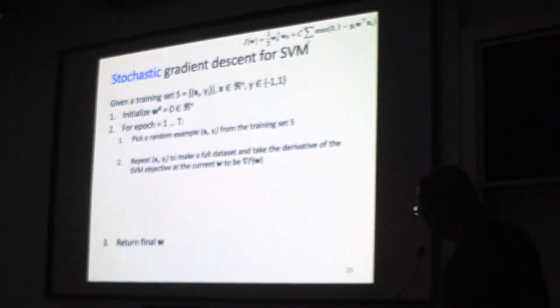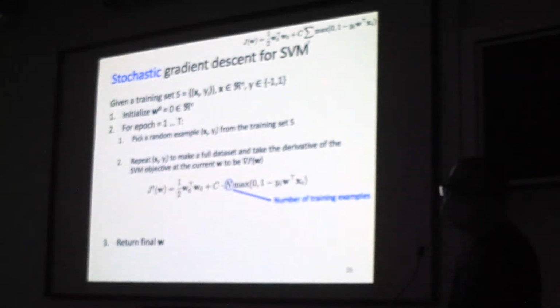And then I look at the SVM objective function on this fake data set, and then calculate the gradient. So that's the idea. On this fixed data set, the objective, of course, includes the regularization term. And because we duplicate this particular random example N times, where N is the number of training examples, when we calculate the loss or the gradient, we do not need to really calculate it N times.